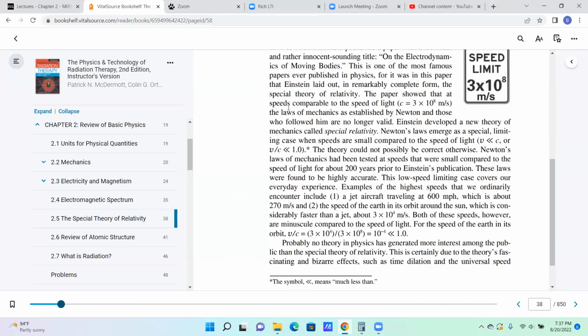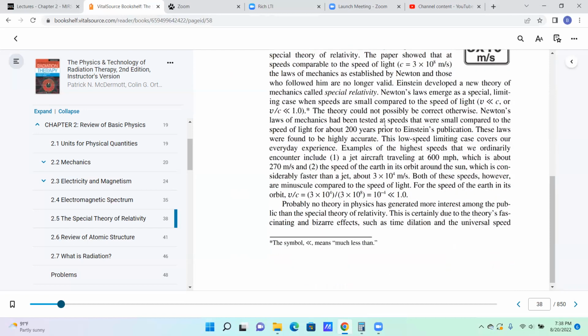The paper showed that at speeds comparable to the speed of light, the laws of mechanics as established by Newton, and those that followed him, don't work. Einstein developed a new theory called special relativity. Newton's laws emerge as a special limiting case where speeds are small compared to the speed of light.